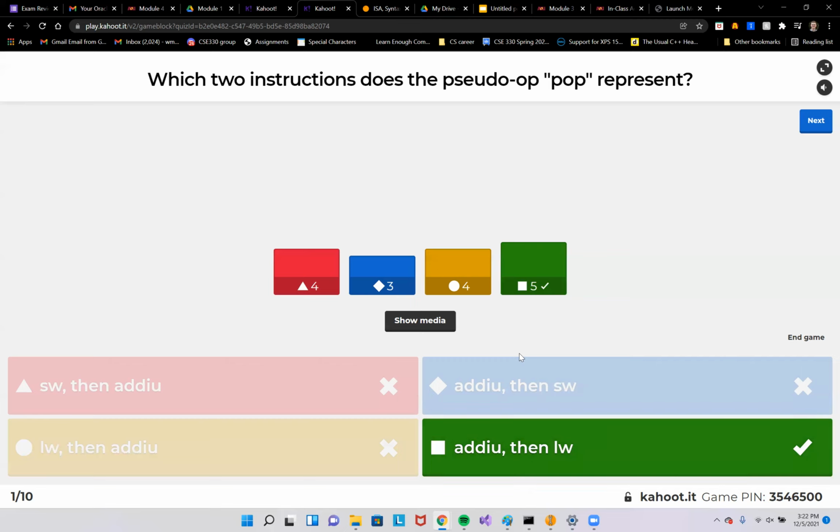So it always does the ADDIU first. And then it takes whatever value was in the address and puts it into a register. Okay, does that make sense for the people who missed it?